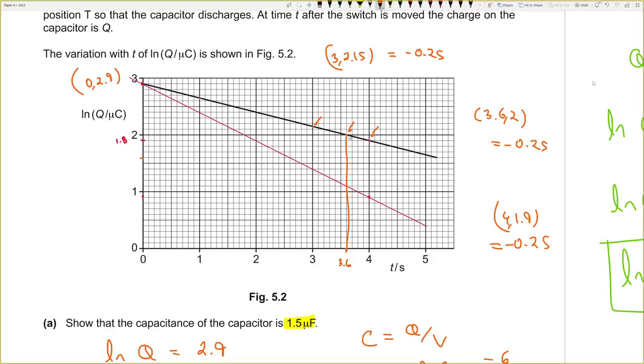Rather than that, the change is actually going to be double over here. Let me show you why. What's the change from 2.9 to 2? 2.9 minus 2 gives you a change of 0.9.